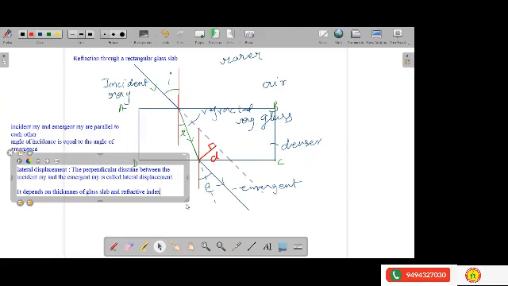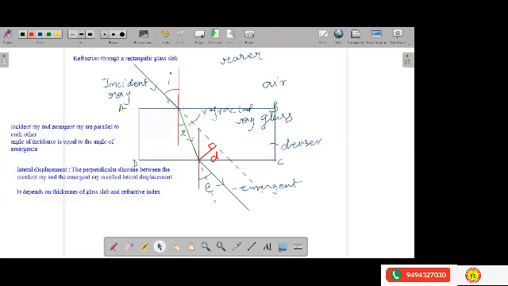While drawing this ray diagram, you should keep in mind that when the ray of light passes from a rarer medium to a denser medium, we observe the first refraction occurring at the surface AB, when the incident ray enters from air to glass.